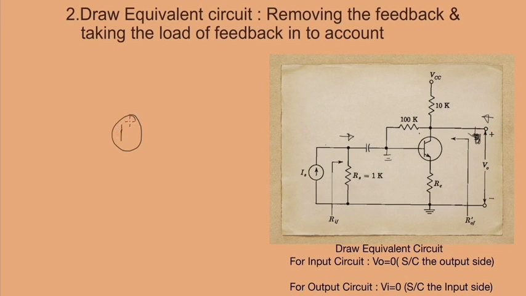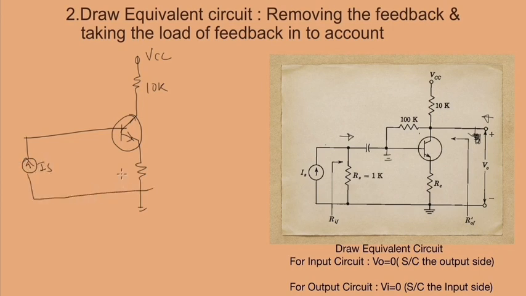This is the transistor given with some value of Re shorted, then the collector resistance, which is 10K, connected to VCC. On the input side we have Is, and this Rs, which is of 1K value.